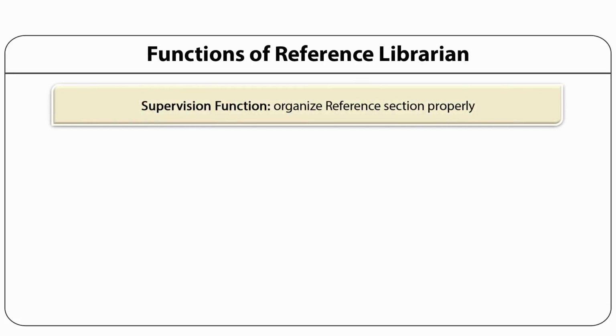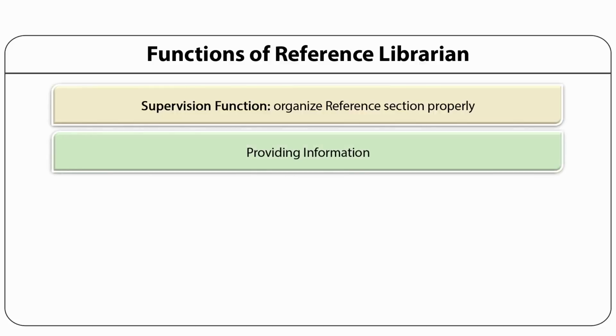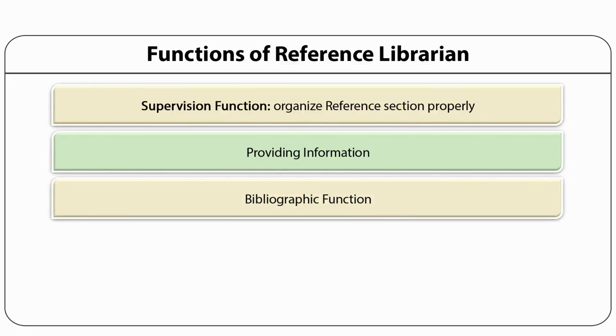Supervision function. Here, the reference librarian would organize the reference section properly so that maximum help is extended to the users. Information function. Thereby, he or she would provide requisite information to the users. Bibliographic function. The reference librarian here provides the bibliographic detail, or even, if possible, can compile a bibliography on a given topic of interest.